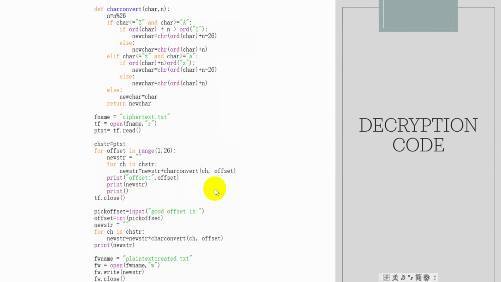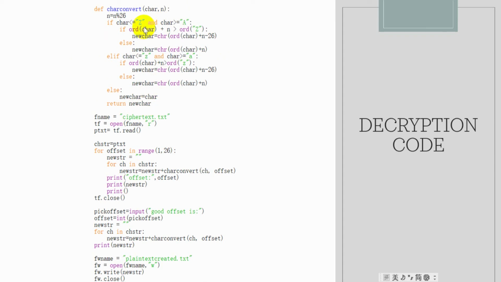It's the same as before. This function is the encrypting function, and here we can see that we have character giving it to new character. So this means that if it's a character that's not a capital or lowercase letter, then it doesn't change.